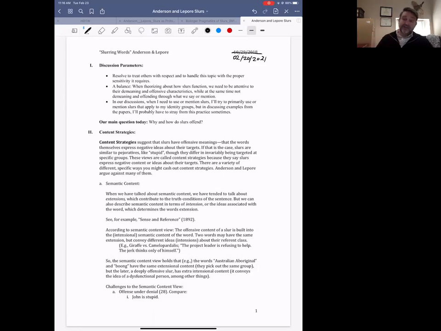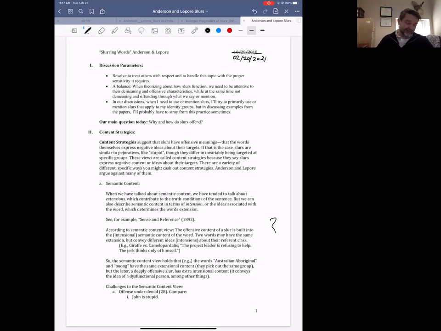So when we think about this view, that slurs are offensive because of their semantic content, we need to be careful to distinguish an extensional view of concept meaning from what we might describe as an intensional view. Up to this point, when I've talked about the meanings of words, I've typically talked about them extensionally. I've said a word picks out a particular class out there in the world. There are other ways, though, of conceiving of the way in which words function.